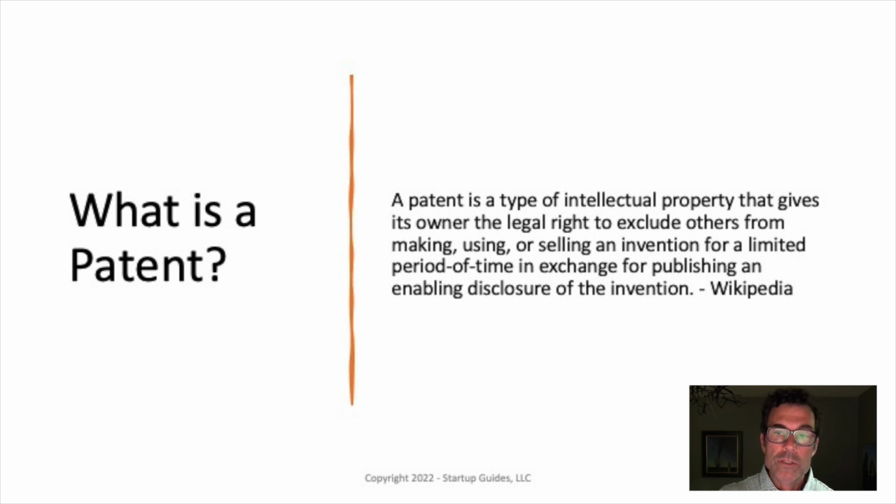And non-obvious means that for someone skilled in the art, so let's say this is a utility patent, which we'll get to in a minute, for a bike harness or a bike compression system, suspension system. Non-obvious means to someone who's a mechanic or an engineer or designer for a bike company or in that space, the invention can't be obvious to them.